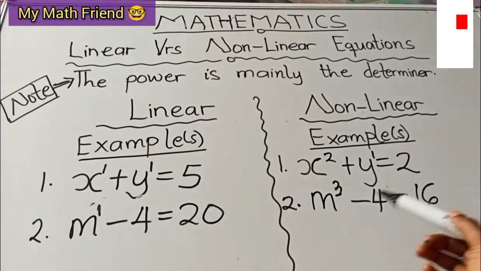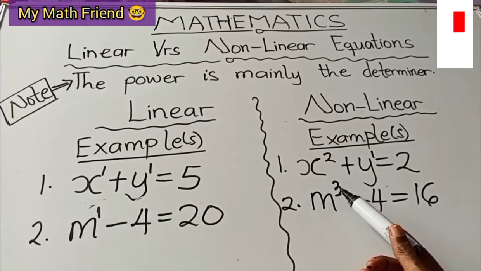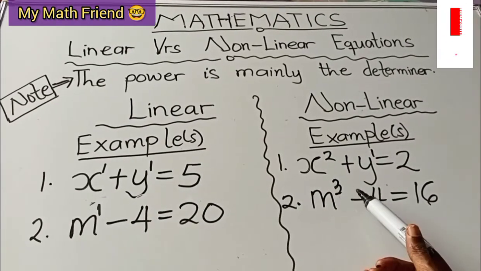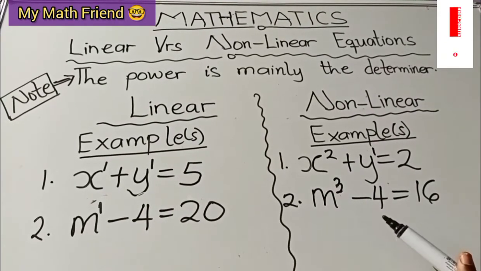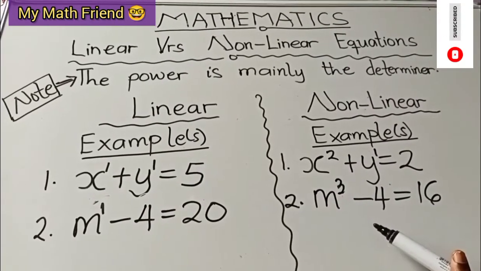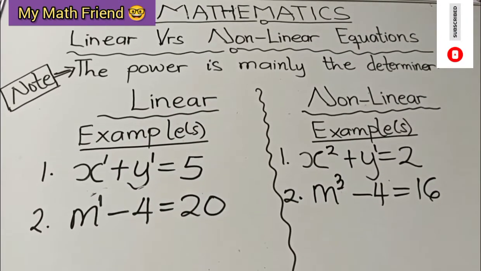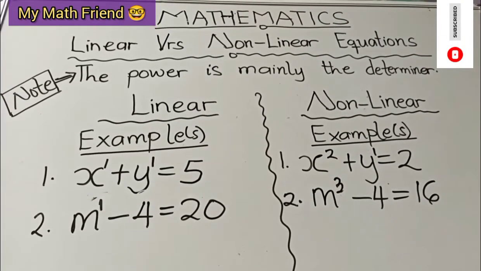With the non-linear, look at the power of the variable m. The power is 3, which is more than 1. And so m cubed minus 4 equals 16 is a non-linear equation. As to which type of non-linear, that will be for another lesson. We are just looking at identifying linear and non-linear equations.